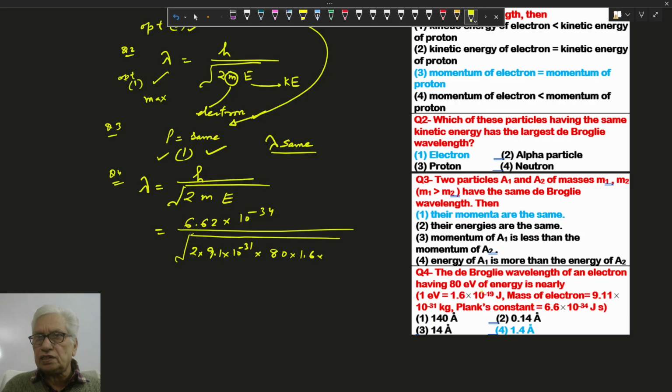We have to convert it into joules. If we solve it, it comes here 1.3674 into 10 to the power minus 10, means it's in angstrom, and rounded off it is 1.4 angstrom. So option 4 is correct.